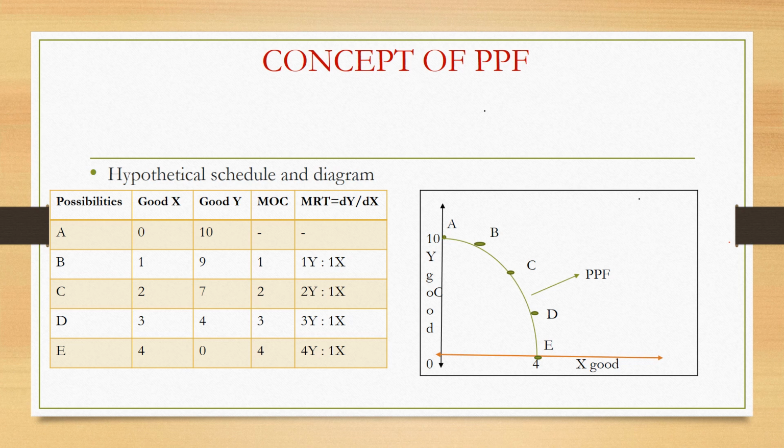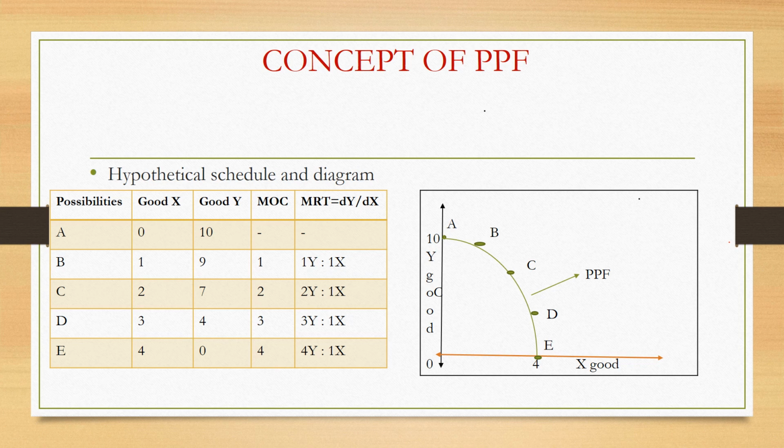By sacrificing 1 unit of good Y, we get 1 unit of good X. In the next, by sacrificing 2 units of good Y, we get 1 unit of good X. Again, in the D combination, by sacrificing 3 units of good Y, we get 1 unit of good X. And finally, by sacrificing 4 units of good Y, we get 1 unit of good X.